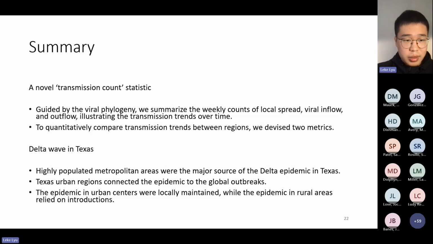For the case study in Texas, we found that highly populated metro areas are the source. These urban centers well connected the epidemic to the global outbreak. And lastly, the epidemic in urban centers was locally maintained, while the epidemic in rural regions relied on introductions.